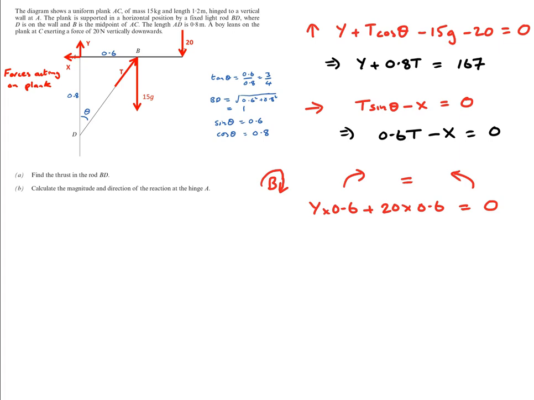Of course, we've got to have total clockwise moment equals total anticlockwise moment, and there is no anticlockwise moment. And if we simplify that equation, we end up with y equals minus 20. So that does indeed tell me that I have got y acting in the wrong direction on my diagram. So, in fact, the vertical component of the reaction at A is 20 newtons acting downwards.